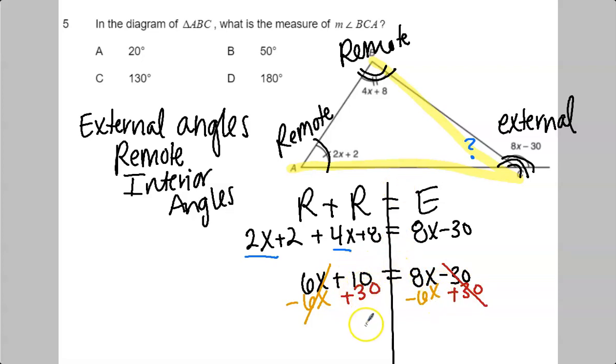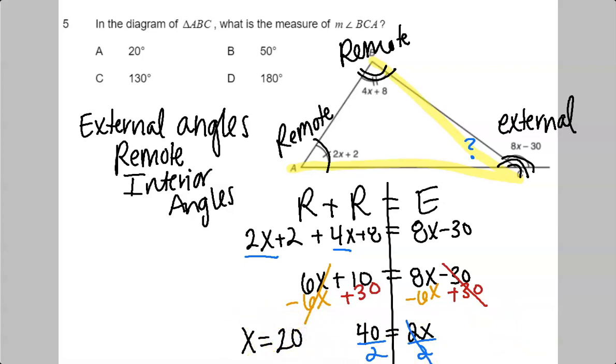So 10 plus 30 would be 40. And 8 minus 6 would have been 2x. Last but not least, we need to divide by 2. So that would mean that our x is equal to 20.